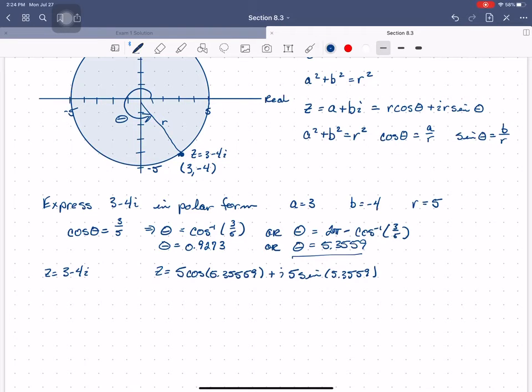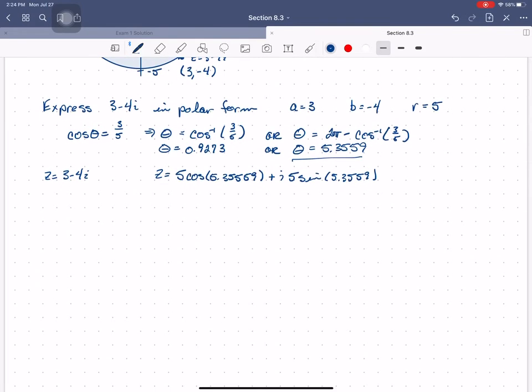Now that's not really very helpful yet, because that is still a complex number, right? But there's a thing called Euler's formula. And this is where things get really interesting, and really useful, because Euler's formula says that r cosine theta plus i r sine theta can be easily rewritten as r times e to the i theta.